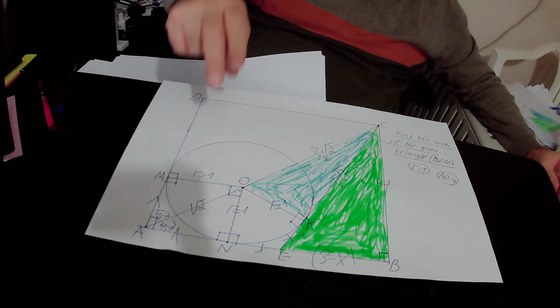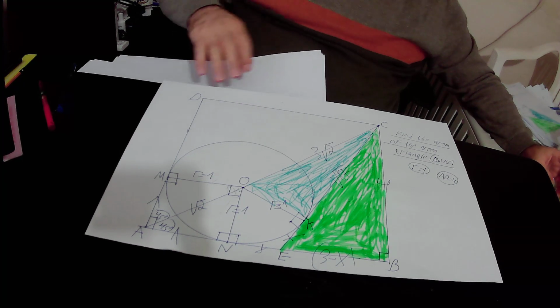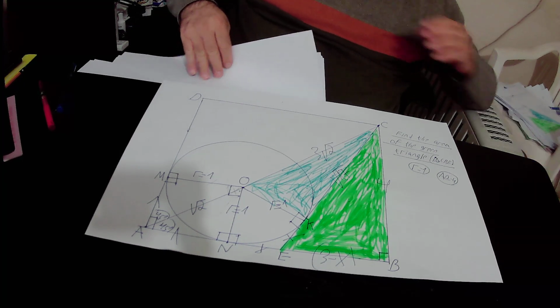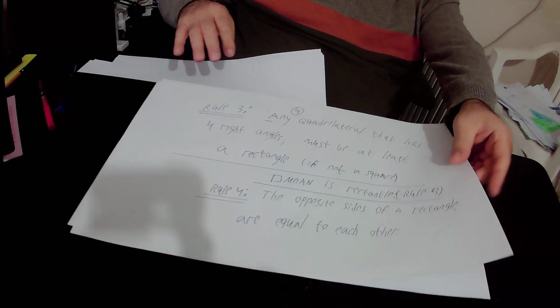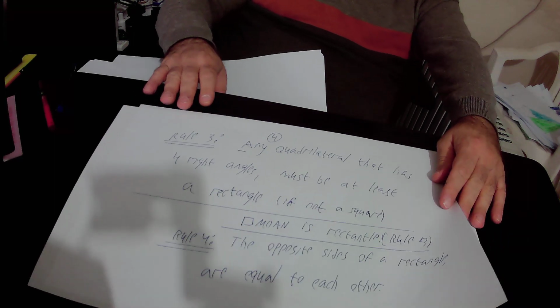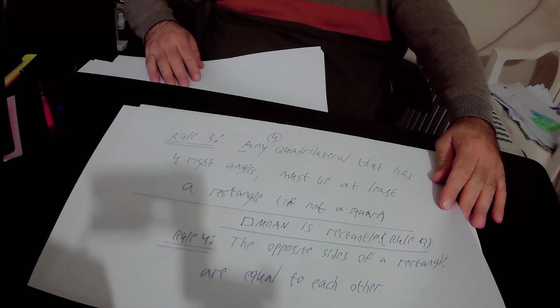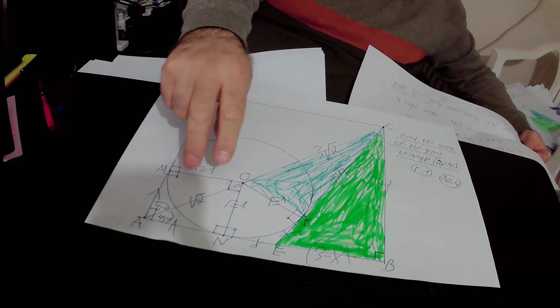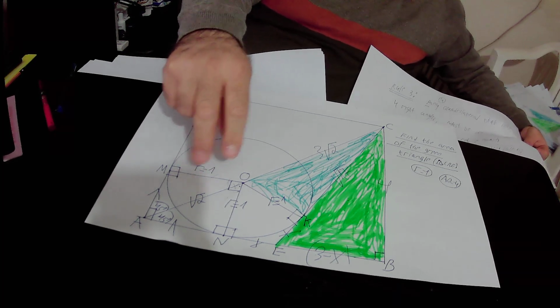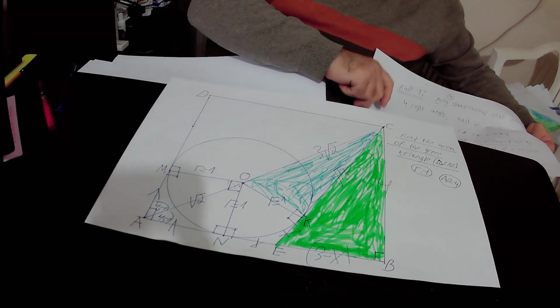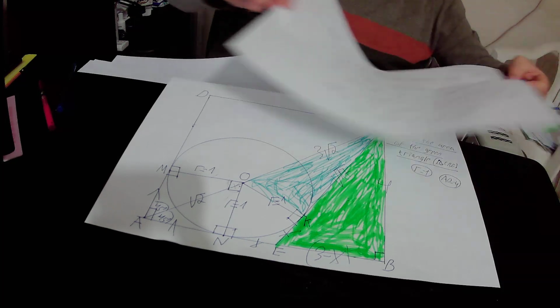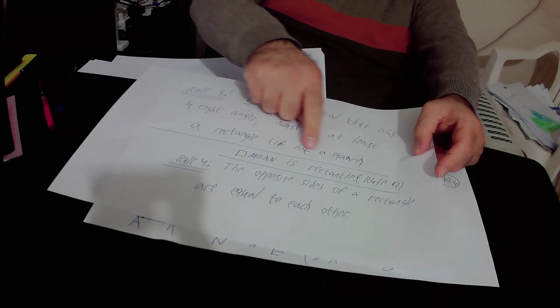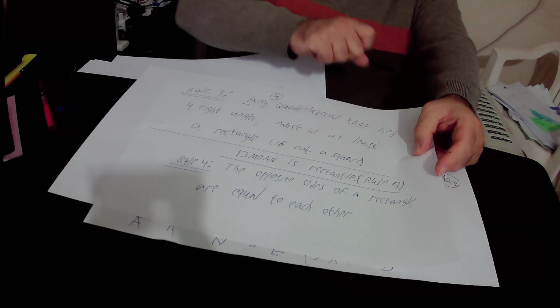So we have in quadrilateral MOAN 4 right angles. And we have rule number 3, which states that any quadrilateral that has 4 right angles must be at least a rectangle if not a square. Quadrilateral MOAN has 4 right angles, therefore we will relate to it as a rectangle according to rule number 3.